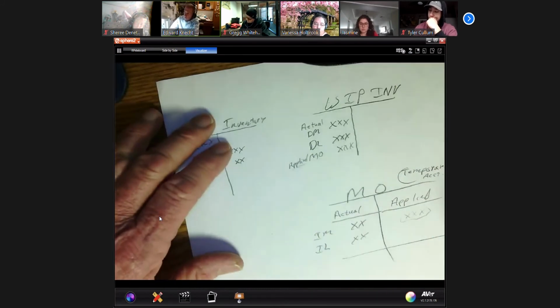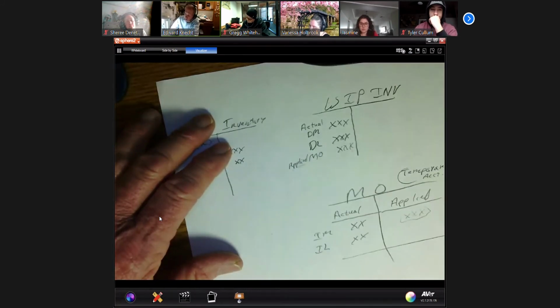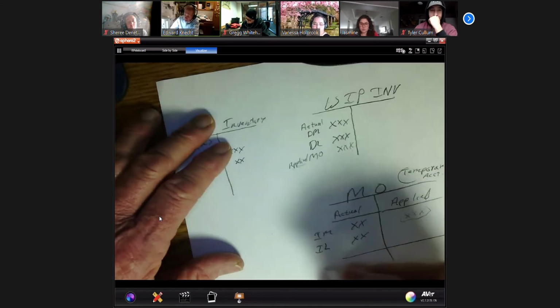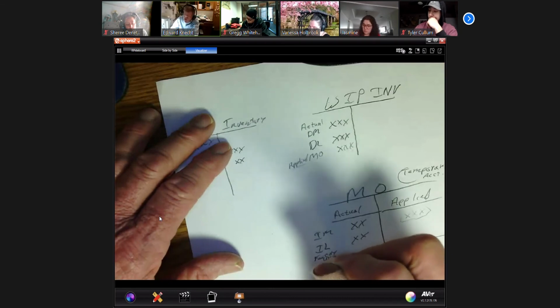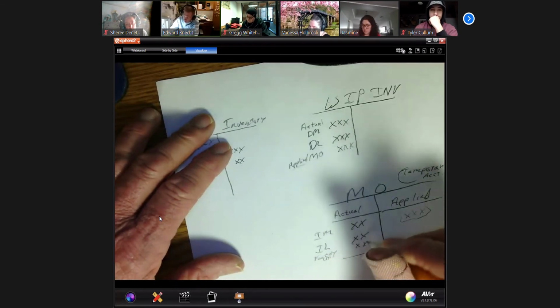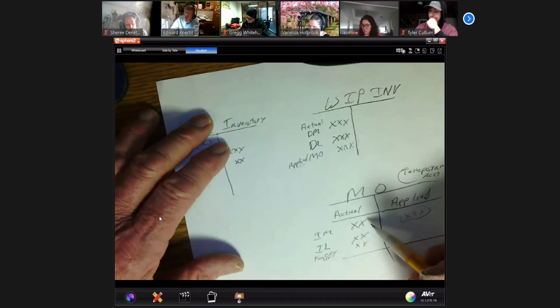The difference, and then you'll have other items. You can have like utilities on the factory building. So factory utility cost, right? Electricity, etc. That's going to be debited in manufacturing overhead. We're not going to expense that off in this time period because it has to do with the factory operation.